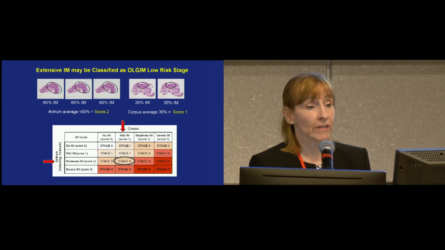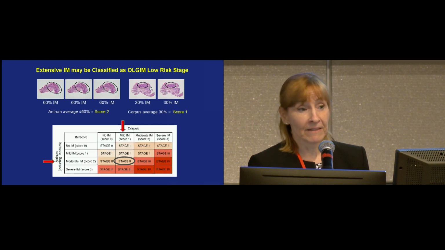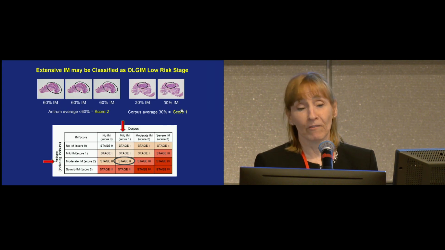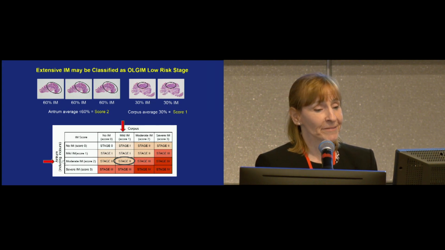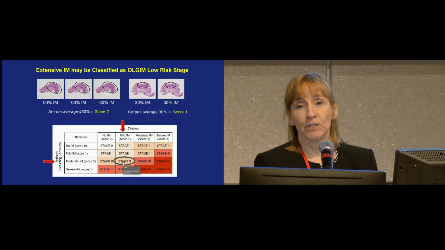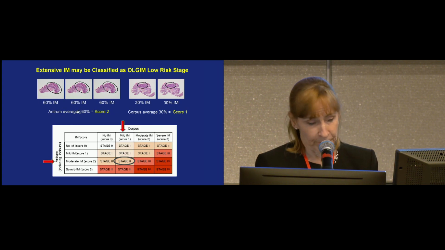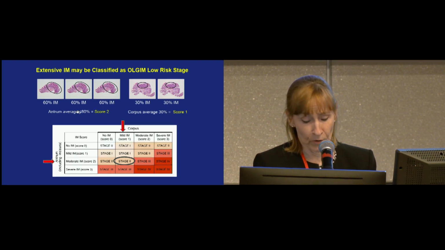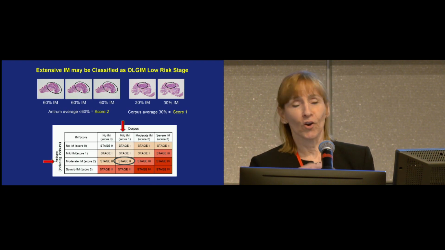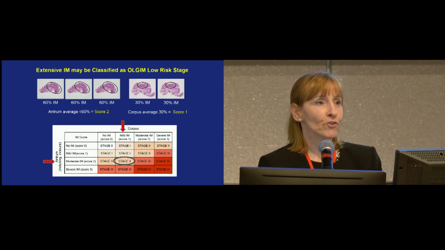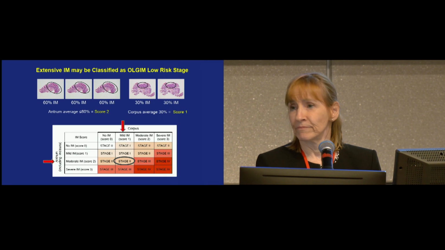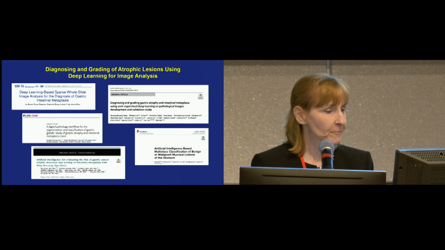And if you have also in the corpus, like mild 30%, you will still have 1. And when you go to this table, you will get a stage 2. So this obviously cannot be a low-risk patient. So each patient should be individualized. And I think Nolo was saying that they are following also the stage 2 because of these reasons.